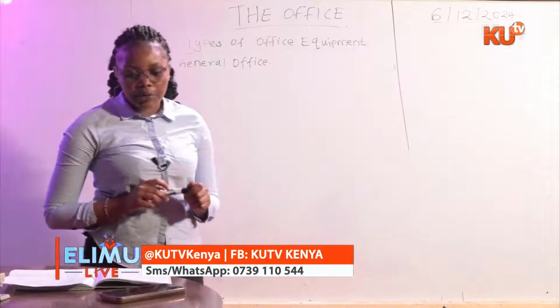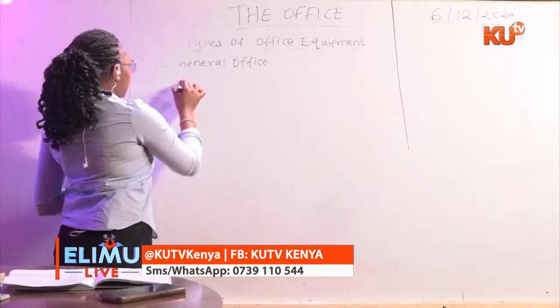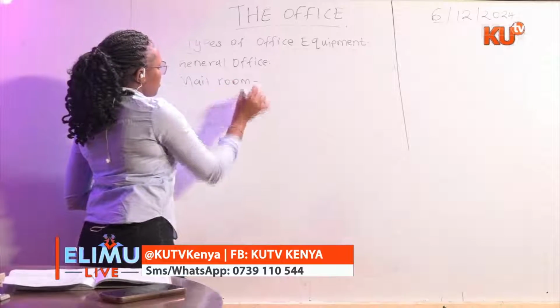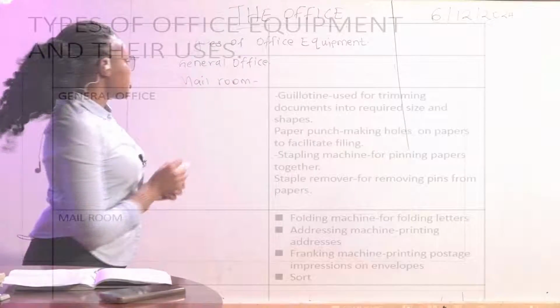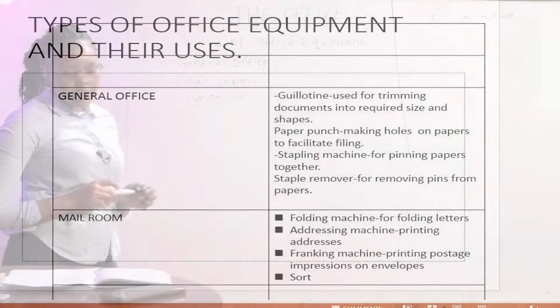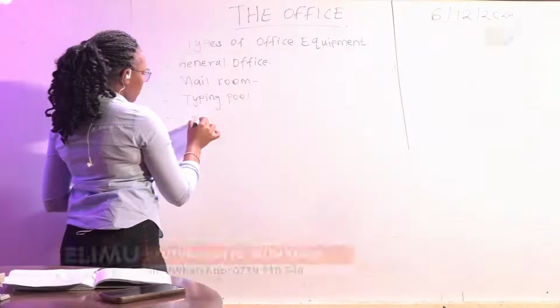There are equipments we'll find in a mail room. There are equipments we are going to find in a typing pool. The equipment we will find in communication.